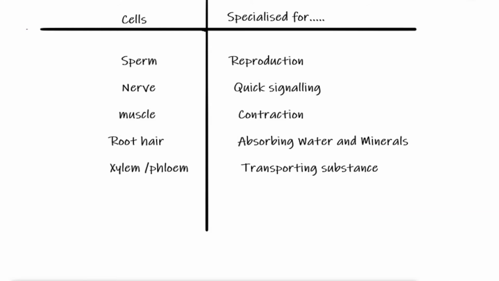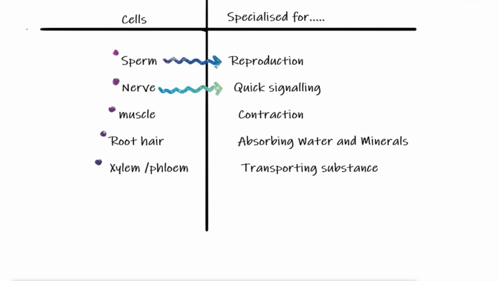Let's now look at all we've learnt in a table. We've learnt about a sperm cell, nerve cell, muscle cell, root hair cell, xylem and phloem cell. The sperm cell is specialised for reproduction. It takes the male DNA to the female DNA. The nerve cell is specialised for quick signalling.